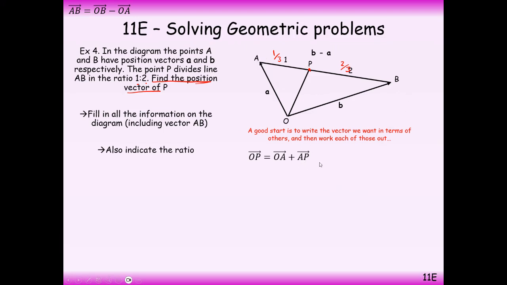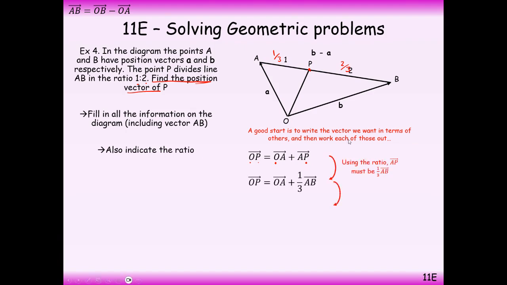It is important you write the path for yourself. Notice the path here starts with O and ends with P. This is just expanding and writing exactly what points we're using in our work. So AP is one third of b minus a.